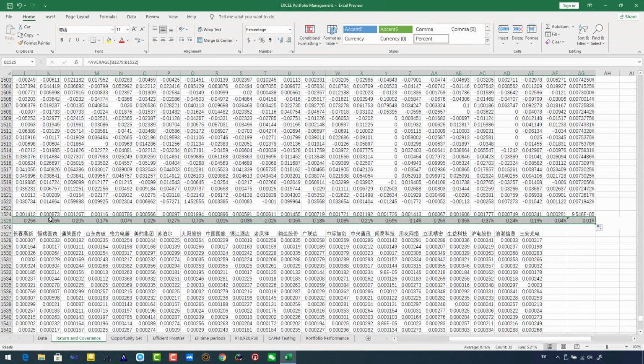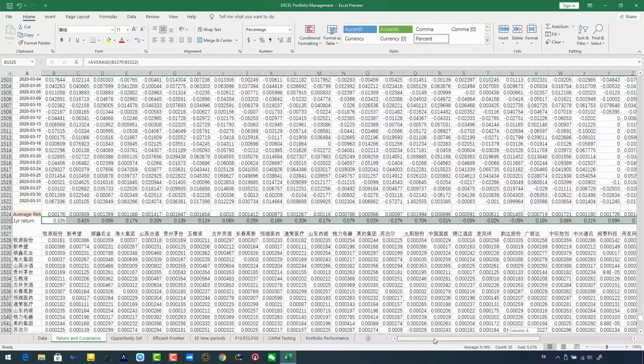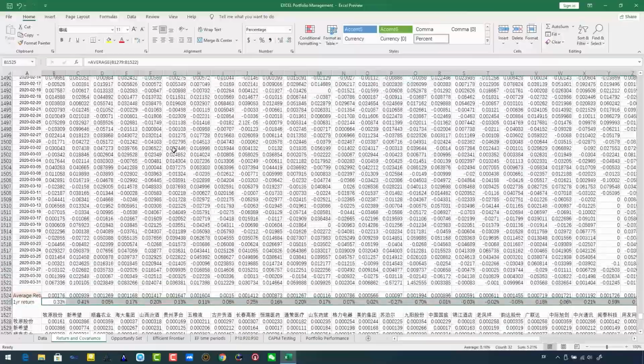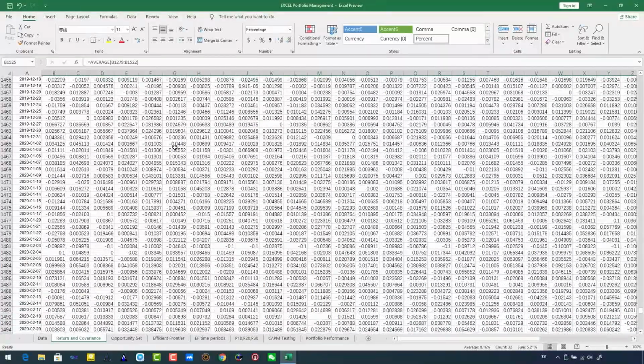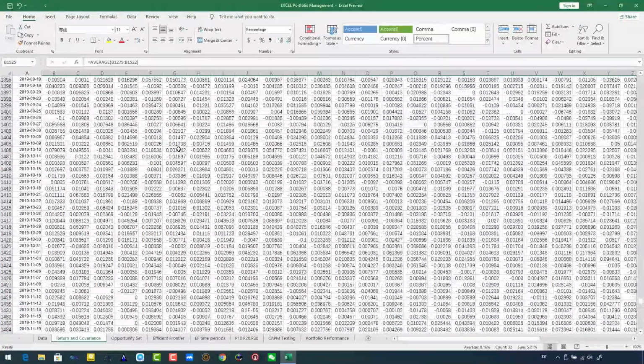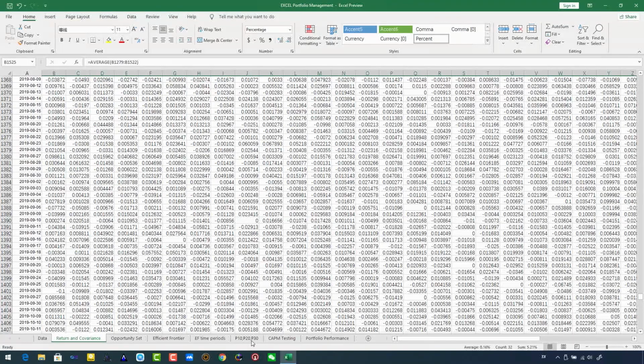And you will find which stock has a higher recent 1 year average return, and we will include the top 10 in our portfolio.